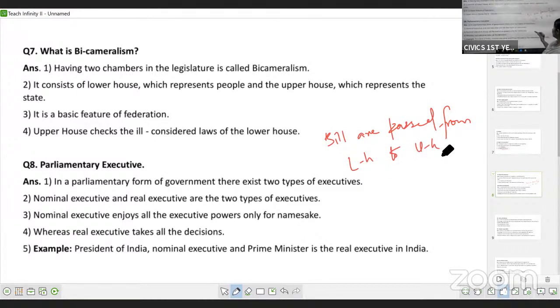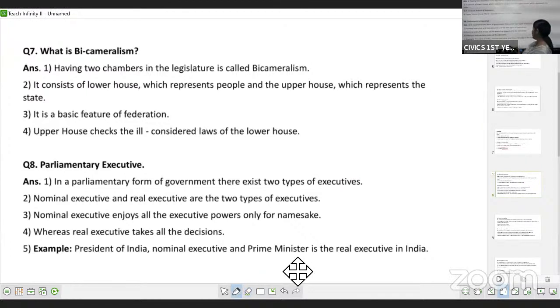Okay. So if any bill is ill considered, it is not checked properly, or in hurry it has been passed, the upper house will check it, okay, before approving it. So it checks the ill considered laws made by the lower house. See, that bill to become an act has to be approved by both the houses.